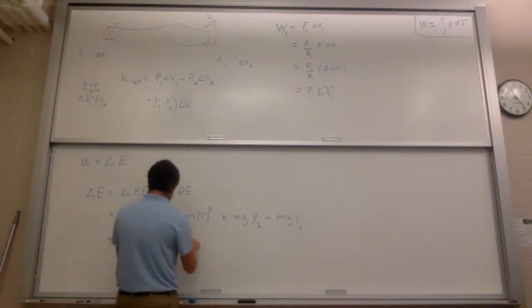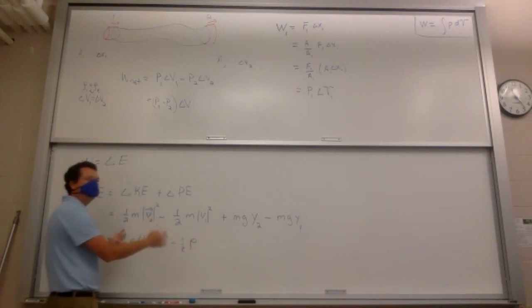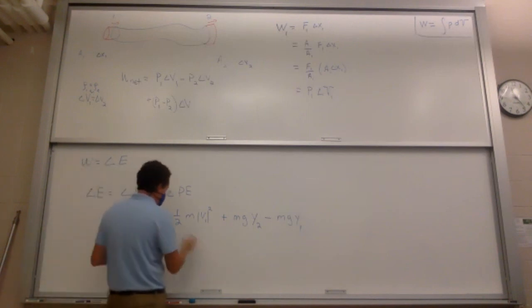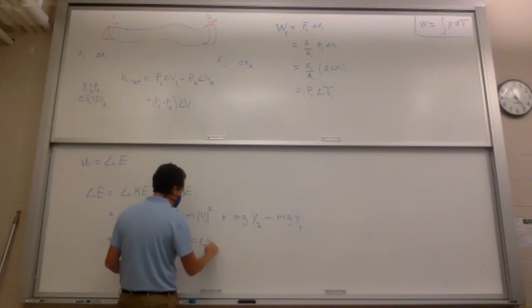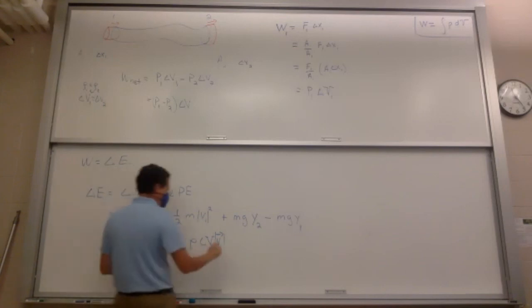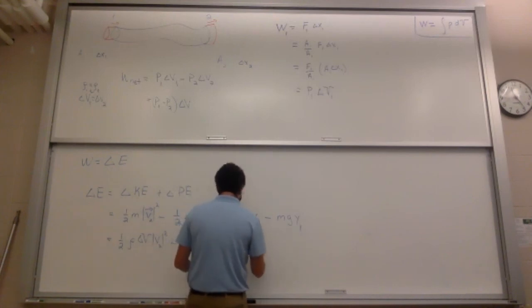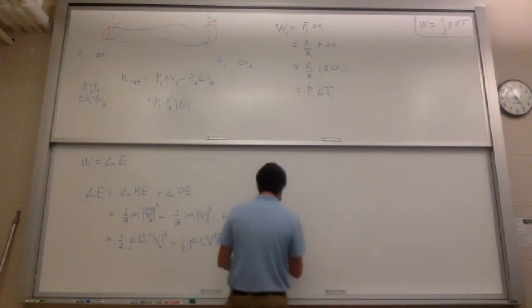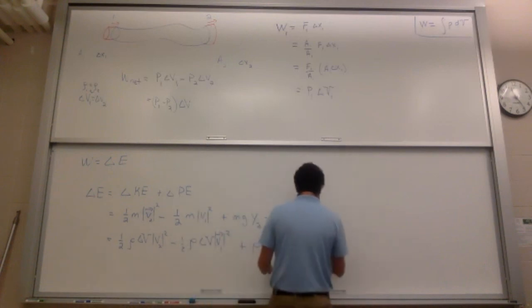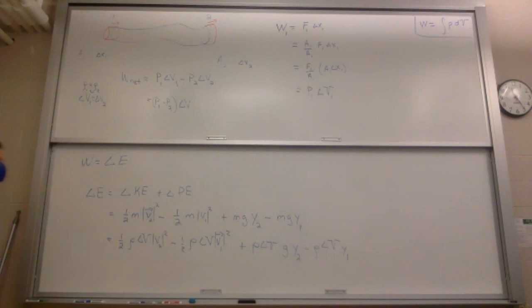Minus 1/2 the density, and again it would be the density as it leaves, but we're assuming the density is uniform and constant, and it's incompressible, so it's the same density both places, times the volume as it leaves, times the velocity squared, plus the same rho delta V times g y2, minus rho delta V times g y1.